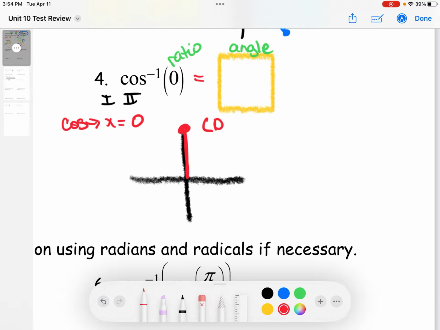That coordinate would be 0, 1, straight up. That's the x equaling 0. It's 1. That is an angle of pi over 2. So cosine inverse of 0 is pi over 2.